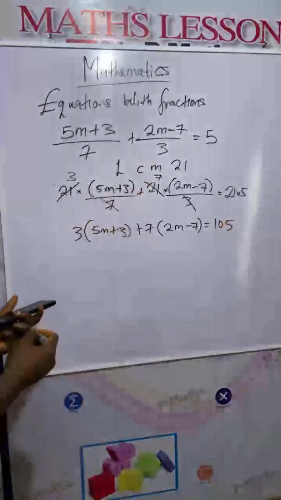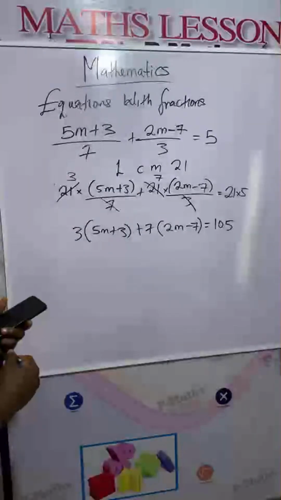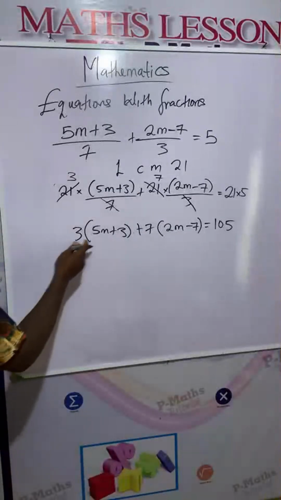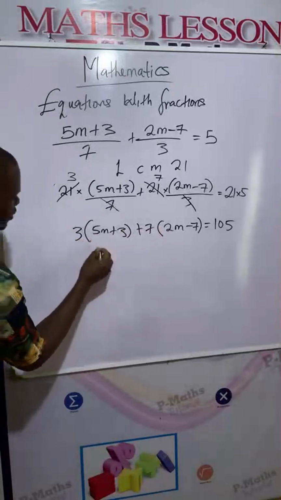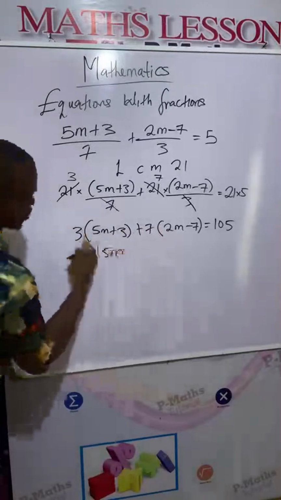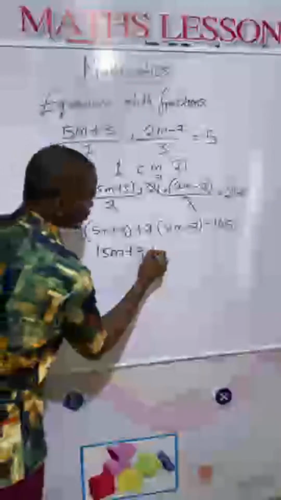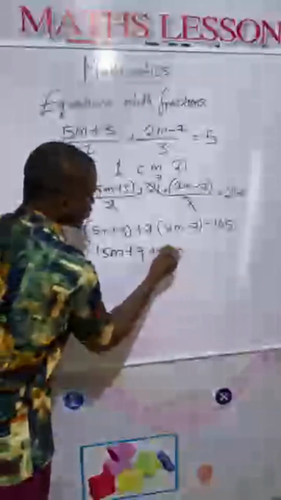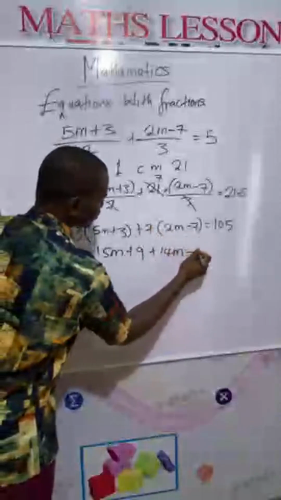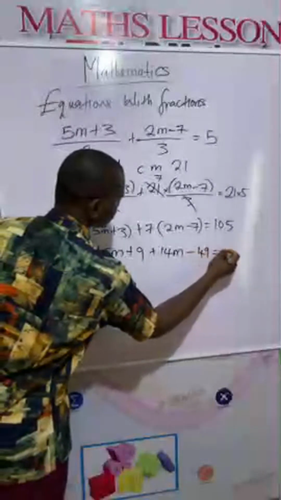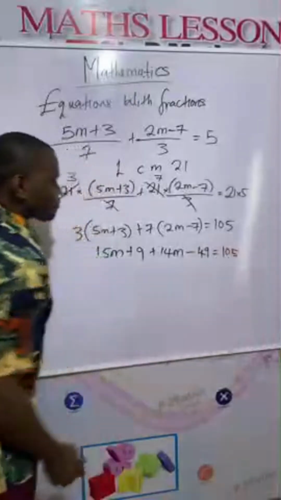Next, let's open the brackets. 3 times 5m is 15m. 3 times 3 is 9. 7 times 2m is 14m. And 7 times minus 7 is minus 49, equal to 105.